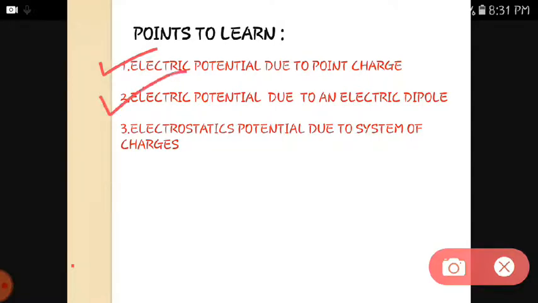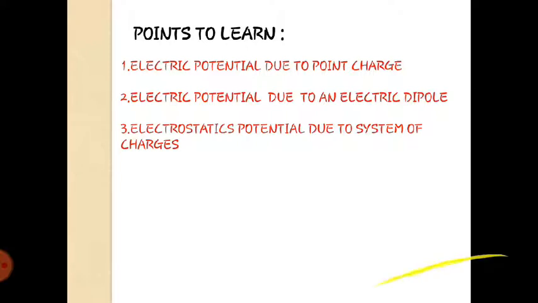Then due to an electric dipole. Then due to a system of charges. So these 3 points are related to electric potential. Let's see what the first one is.